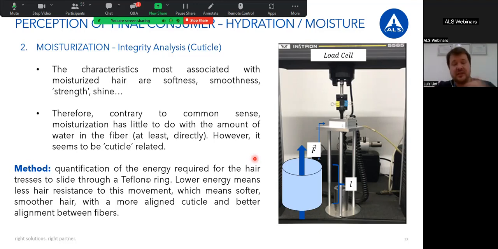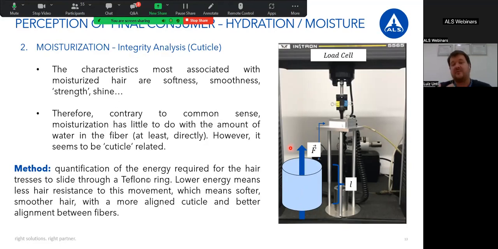The test we use here at the dermatology lab is the ring method. The idea is to simulate the feeling of passing the hand through the hair fiber. So we use a Teflon ring to pull the hair truss through this Teflon ring, and we analyze the force and the load, I mean, the energy we need to pull the trusses through the Teflon ring.